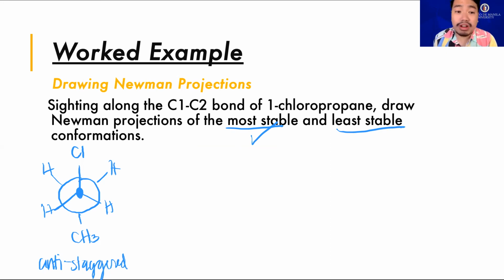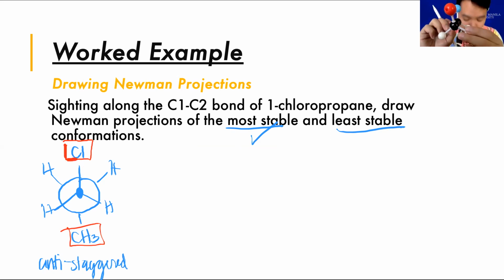Once you come up with your first Newman projection, translating between the other Newman projections is very easy. Once you've drawn your first one, drawing the others is easy. So let's pretend this is the chlorine in red, and this is the CH3 in blue below. All you need to do is pick one carbon, either the front or the back, and then rotate that and only that.